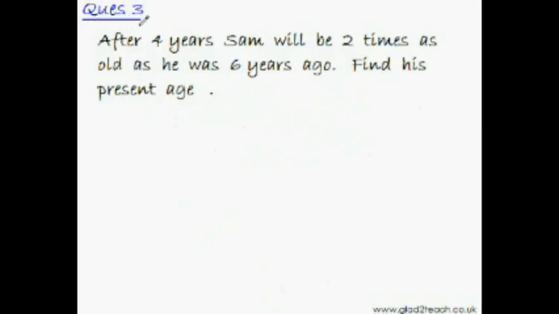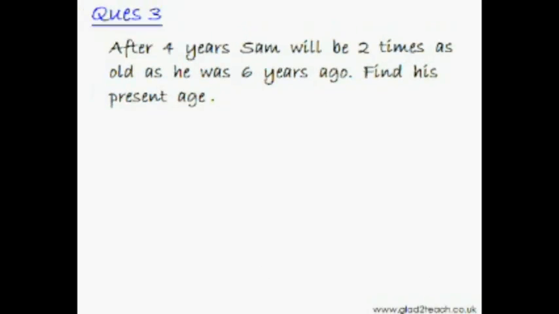So now let's do this question. After 4 years, Sam will be 2 times as old as he was 6 years ago. Find his present age. Feel free to pause me, but do give it a try. Start. So now I'll do it. After 4 years means x plus 4.